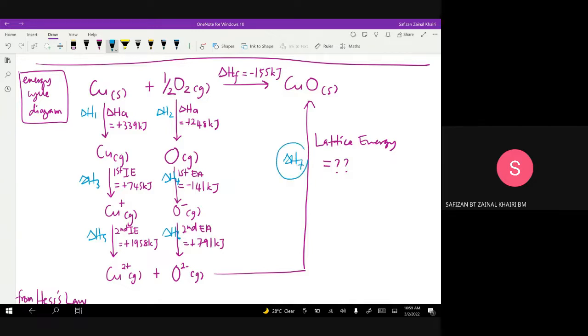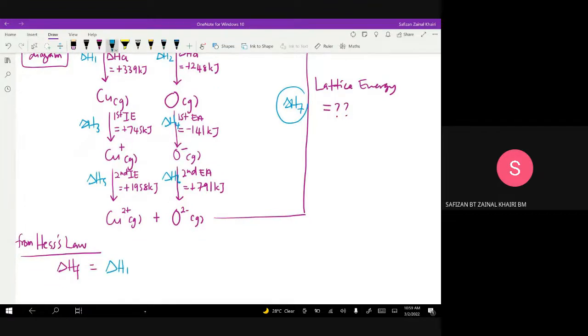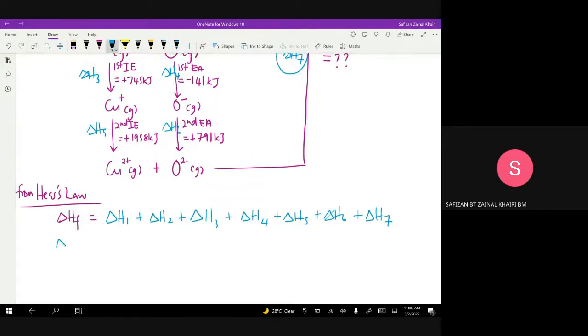Ini yang kita nak cari kan? So from Hess's law, delta HF is equal to the delta H1 plus delta H2, the sum of the enthalpy in the energy cycle, delta H5 plus delta H6 plus delta H7. So kalau kamu nak cari delta H7, maksudnya apa? Delta H7 tu is a lattice energy tadi kan? Is a delta HF minus the sum of the rest of enthalpy change.